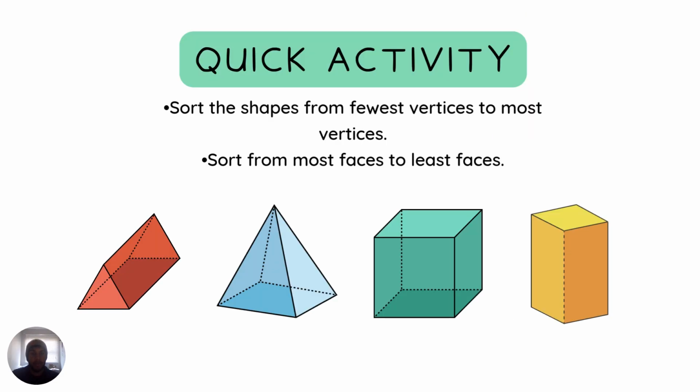Okay. So now I have a quick activity to do because we can't do an in-person activity. Quickly, I would like you to sort the shapes from fewest vertices to the most vertices. I'll give you 5 seconds to do.